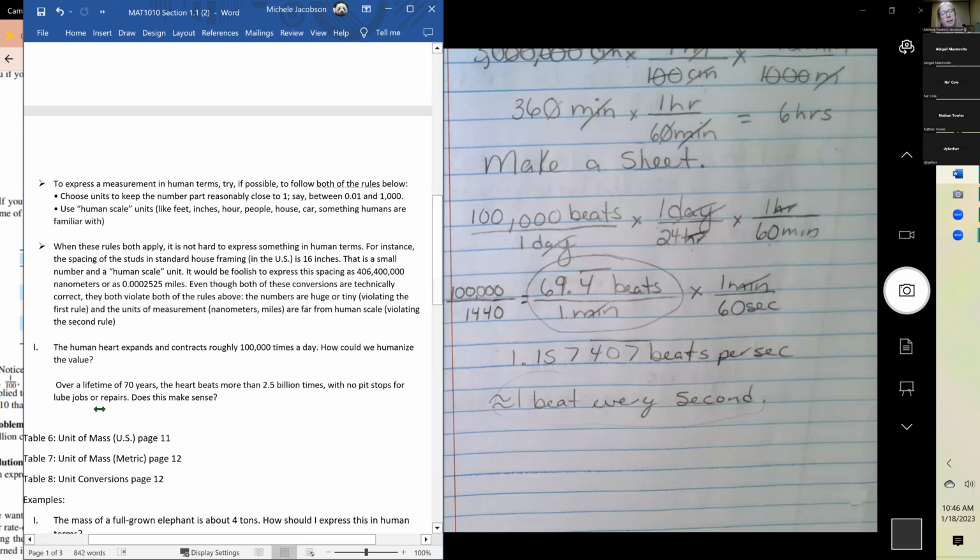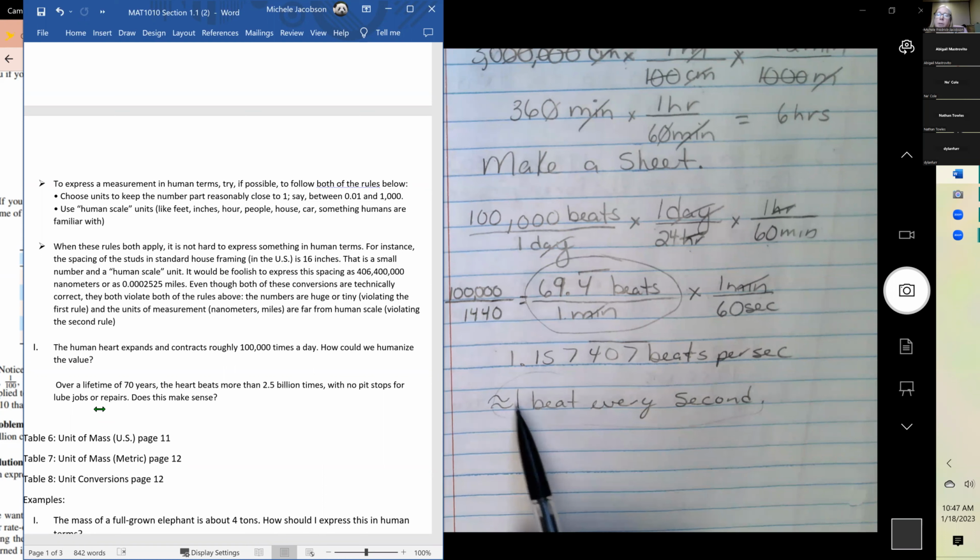Over a lifetime, 70 years, the heart beats more than 2.5 billion times with no pit stops for lube jobs or repairs. Does this make sense? So if we know we beat approximately 1 beat every second, in 70 years, could we have beaten 2.5 billion times?